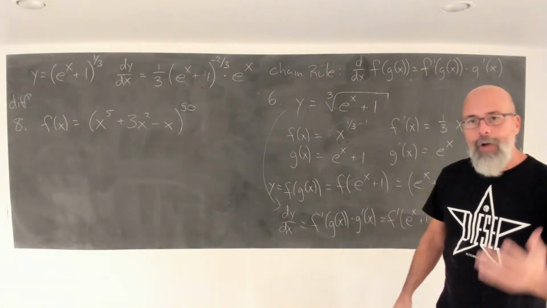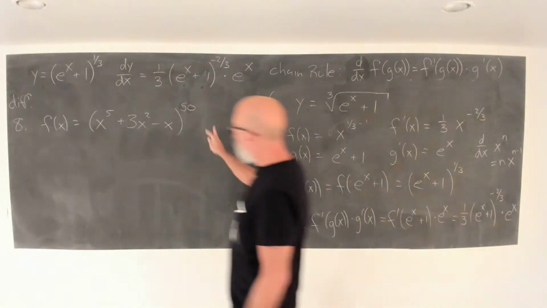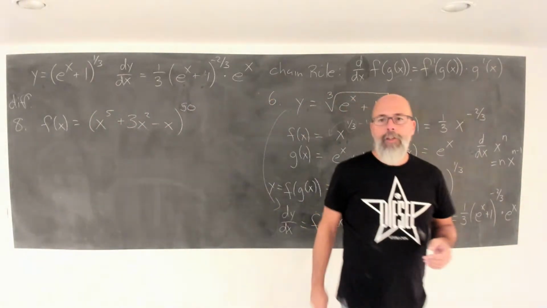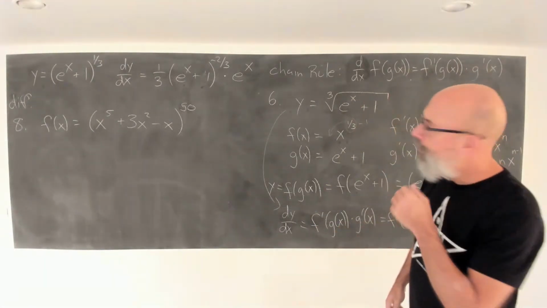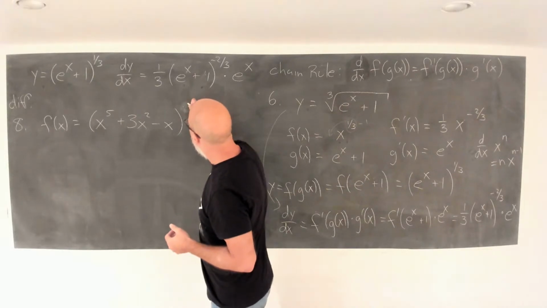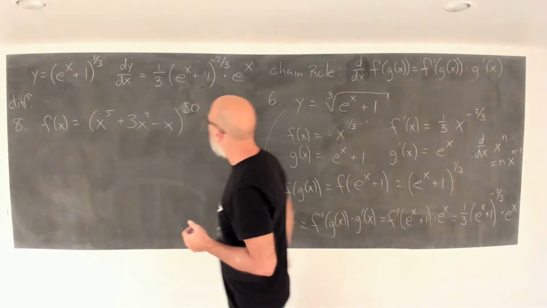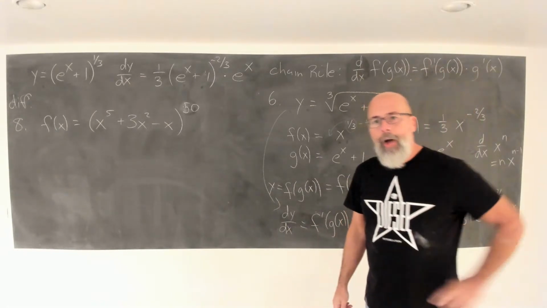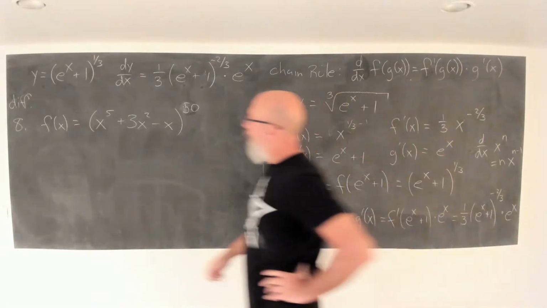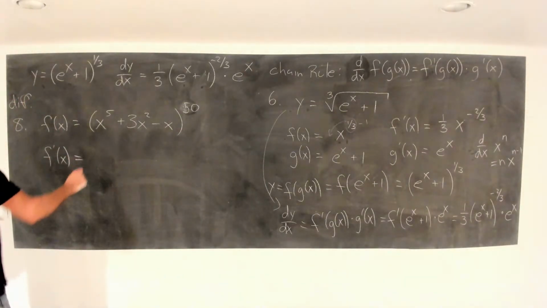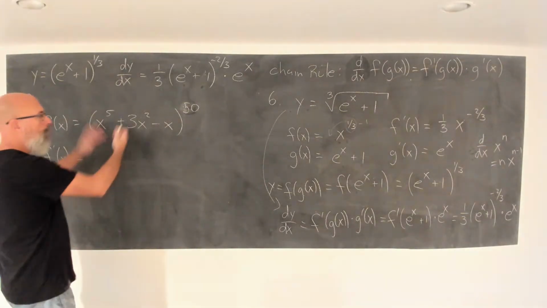Let's differentiate this. You have options. You could expand this, multiply this out 50 times. It is to the 50, correct? But we're not going to do that. We're going to differentiate. And how would you describe this?